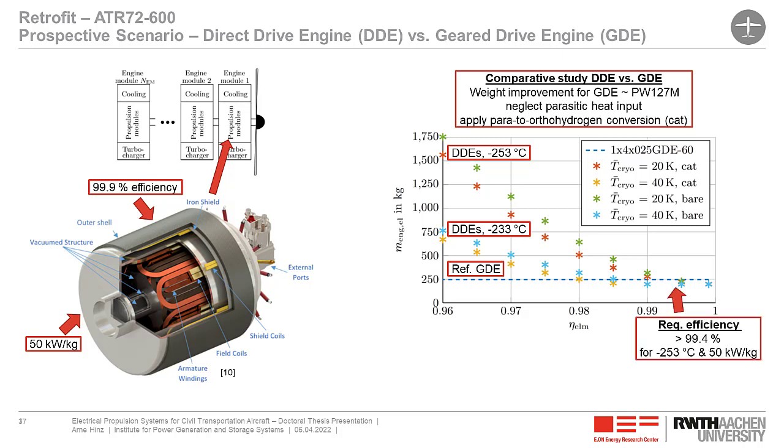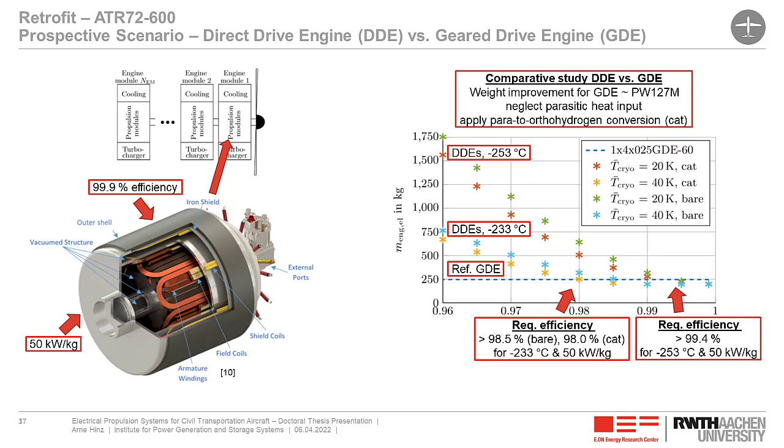We can see that for the lower operation temperature and the power density of 50 kilowatt per kilogram, we will need at least an efficiency of the superconductive machine of 99.4% to have the direct drive engine lighter than the gear drive engine.